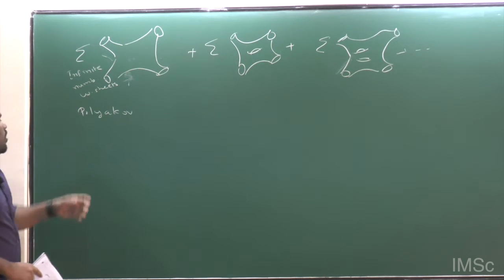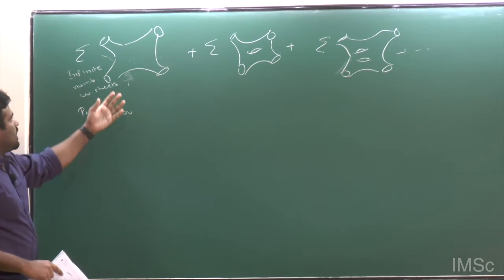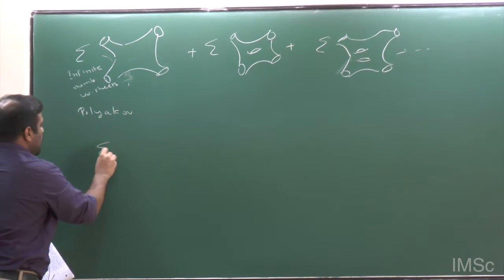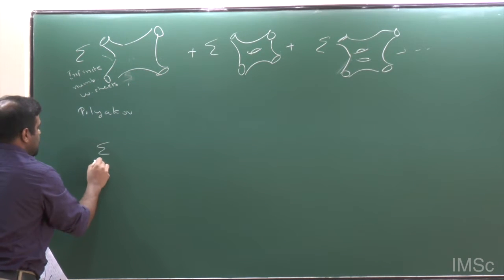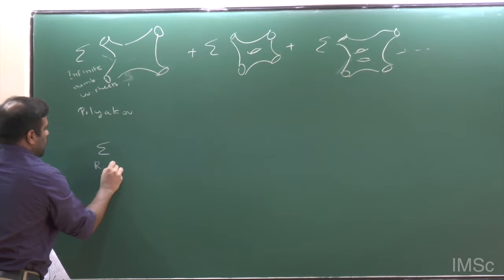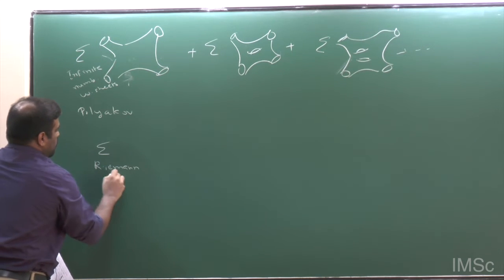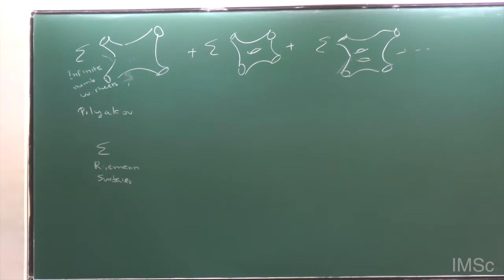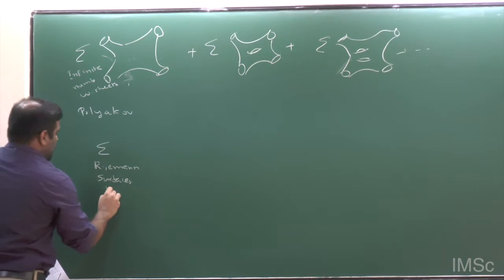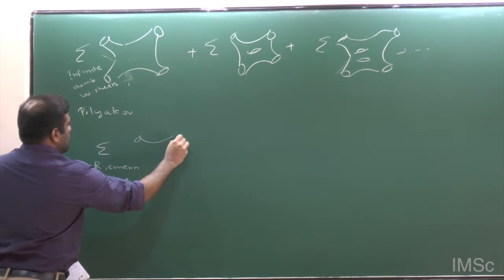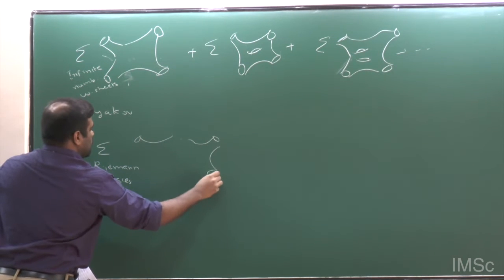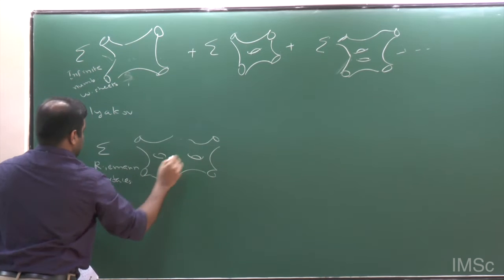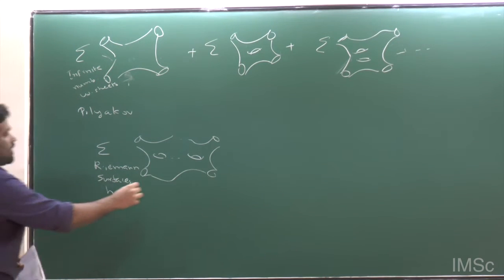So what Polyakov did is he did a careful analysis and showed that this can be converted into a sum over all possible Riemann surfaces having specific number of handles. Say h number of handles are here.